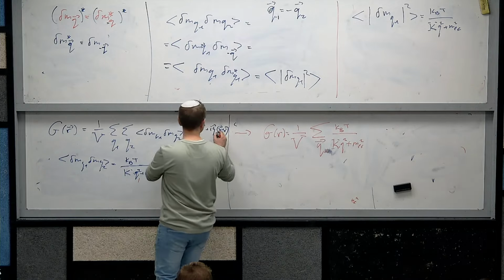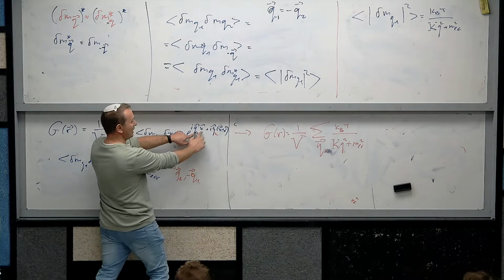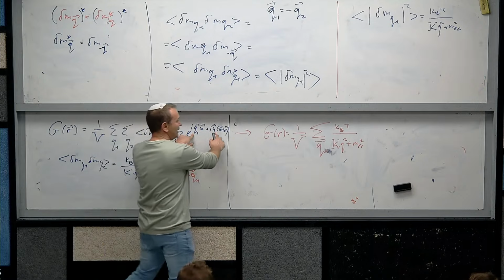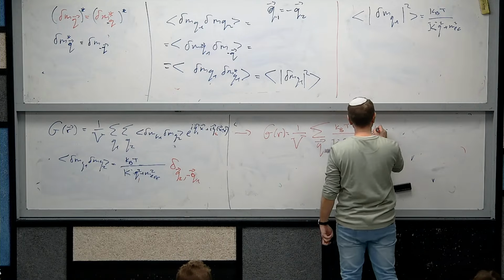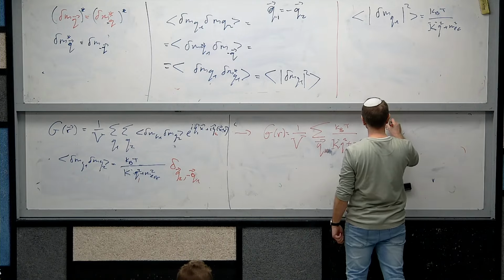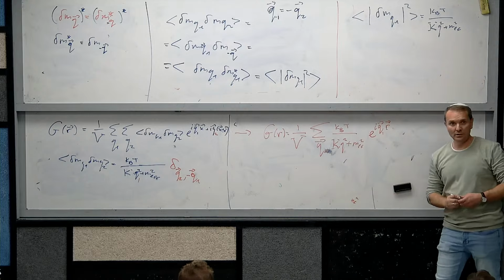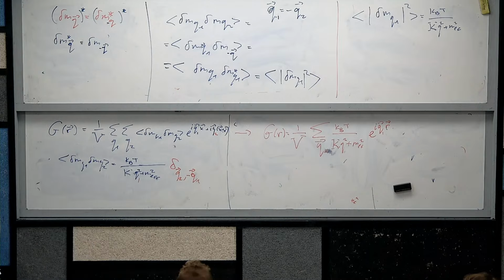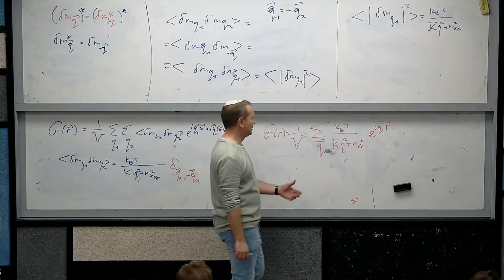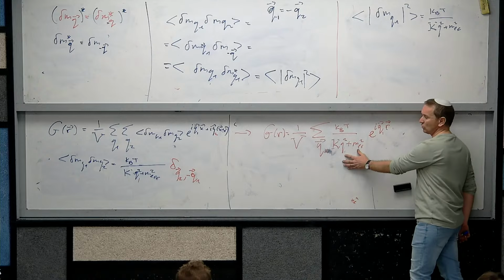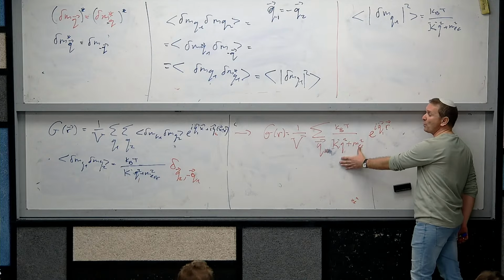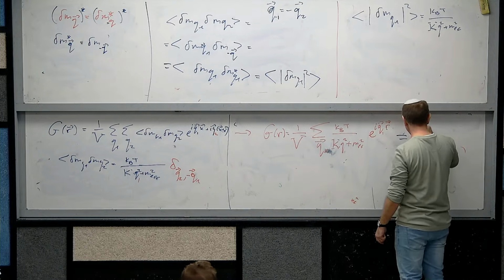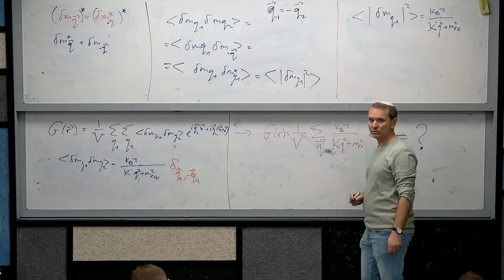Now here, this is Q2, so Q1x minus Q1x cancels out, and I'm left with e to the power i Q1 R. So G of R is some sort of Fourier transform, or these are the Fourier coefficients of our correlation function. And the main question is what it equals to.